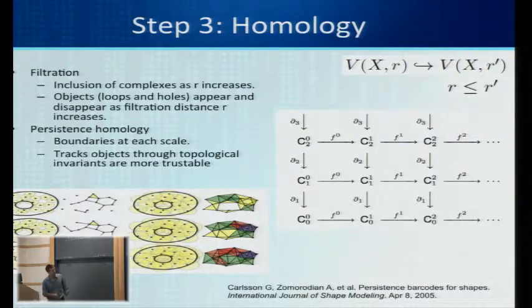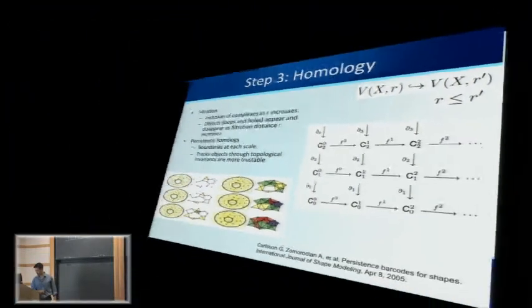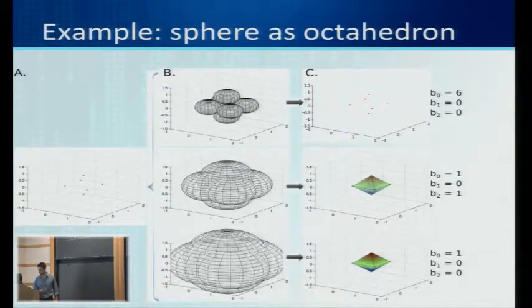So I'm going to go through one example here. For example, we have this octahedron. It's not really an octahedron, it's just six points. You take a scale and you start connecting the different points. If the scale is very small, the points are independent, so you have six independent points.